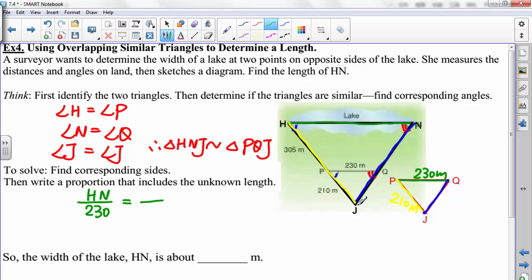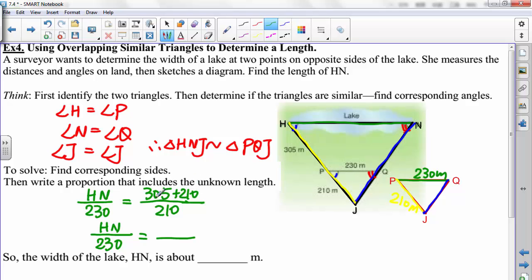HJ is the total length of HP and PJ. So for HJ, I need to add 305 to 210. That's the total length of HJ. So PJ is 210.